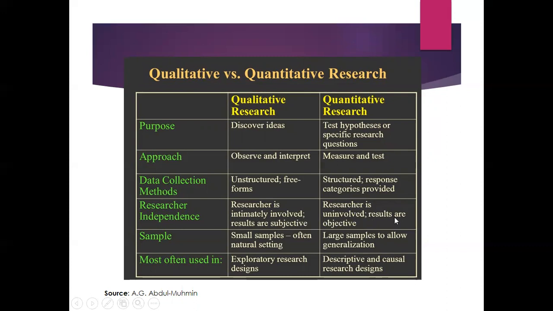All right, the results are more objective in nature. What you collect is what it is. And then last point here, qualitative, exploratory in nature, whereas the quantitative is descriptive and causal in nature. This is because your purpose really is to describe and identify causes.